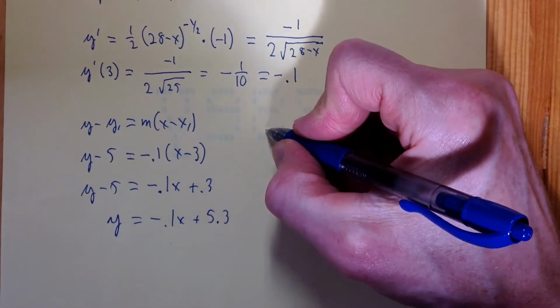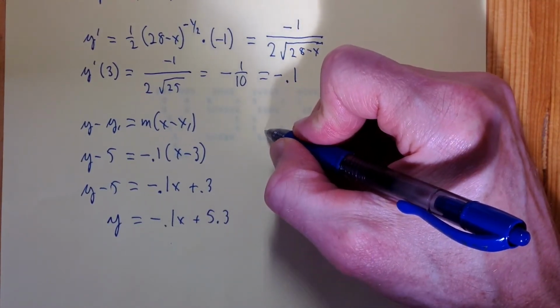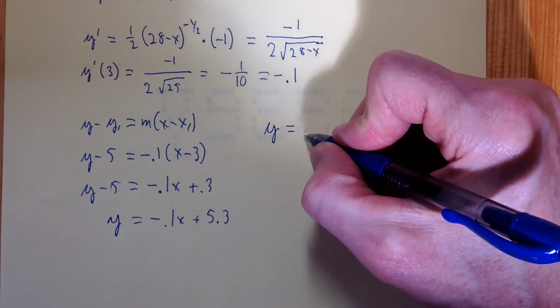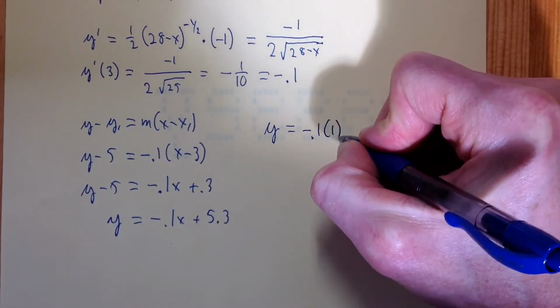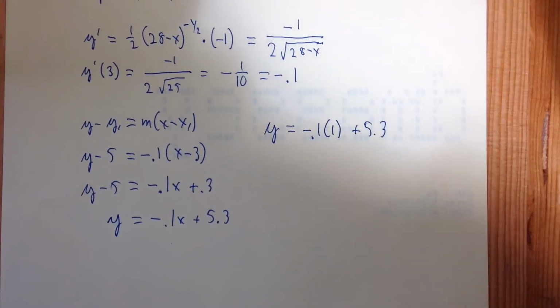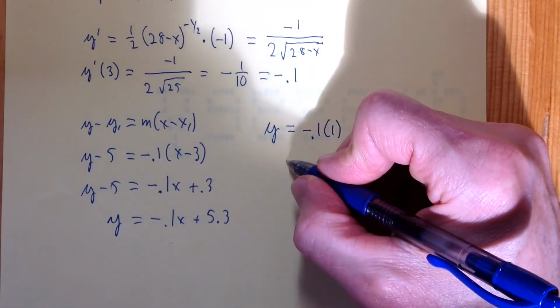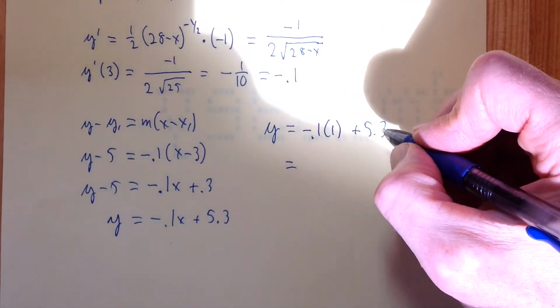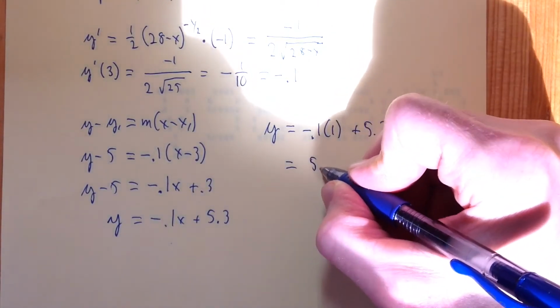So in that case, when x equals 1, y is equal to negative 0.1 times 1, that's pretty easy math, plus 5.3, which is equal to negative 0.1 plus 5.3, which is 5.2.